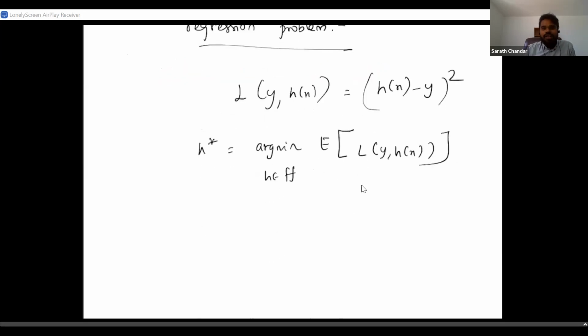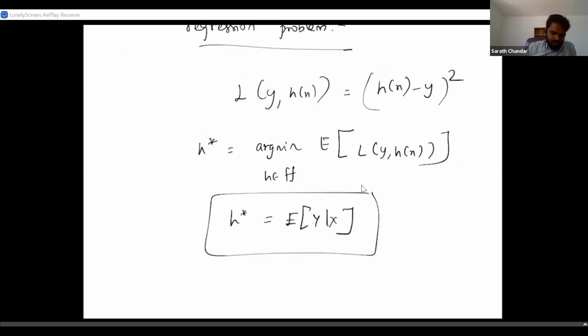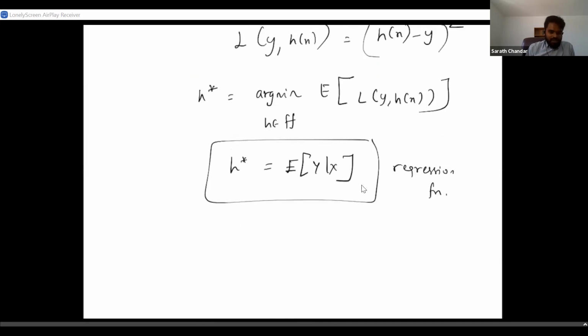We have already solved this true risk minimization problem in the second lecture, and h star is given by the expected value of y given x. Remember, this is the regression function. Okay, so we know this.